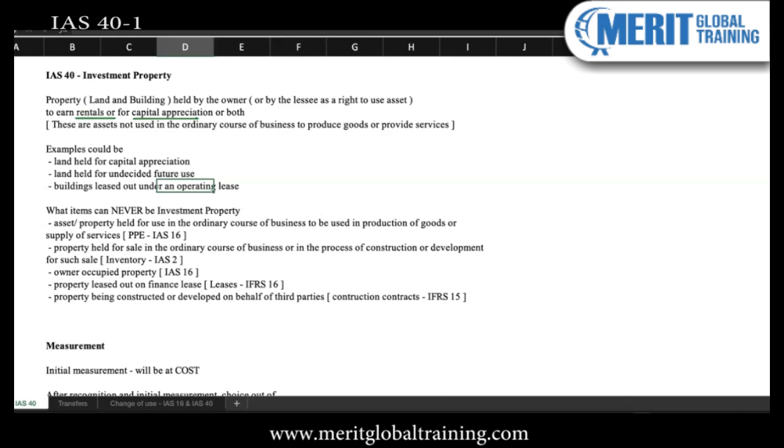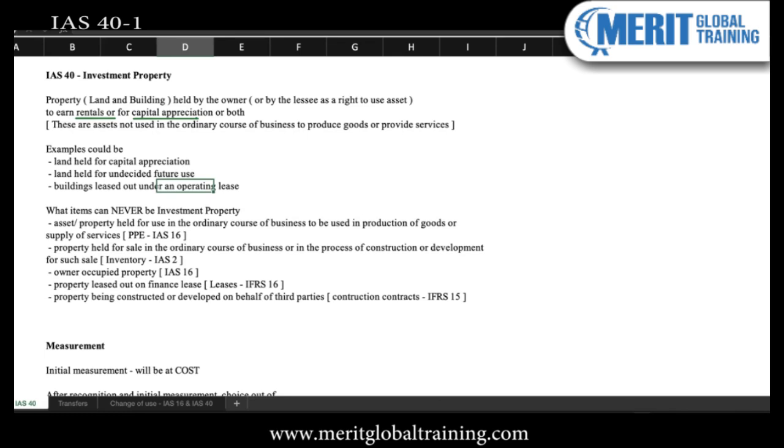Is this building acquired so that I can continue to conduct my operations from it, or is this building acquired with an intention to give it out on rental to someone? That will help us to understand the classification of non-current assets.